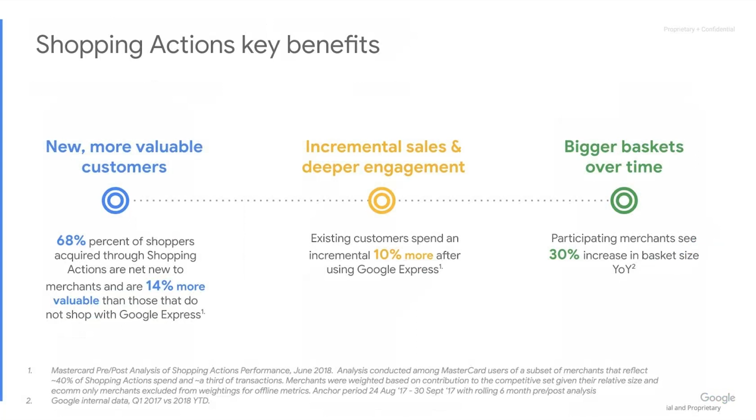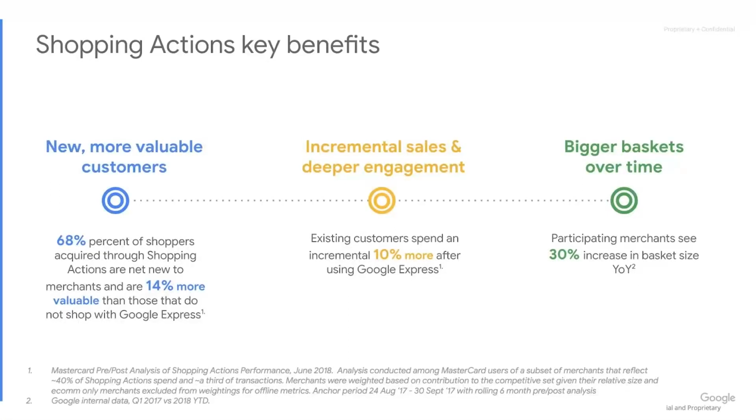Some of the benefits that we see right now, some really exciting stats, and it's early days. Of course, the platform has been live for about a year now, and what we see is that for merchants, 68% of shoppers are new to the merchants, meaning that the merchants are effectively acquiring new customers that they didn't have before. And those customers tend to be 14% more valuable than those that did not shop on Google before.